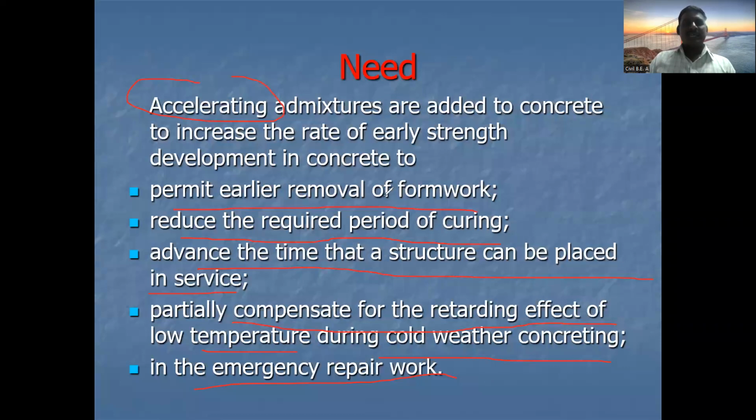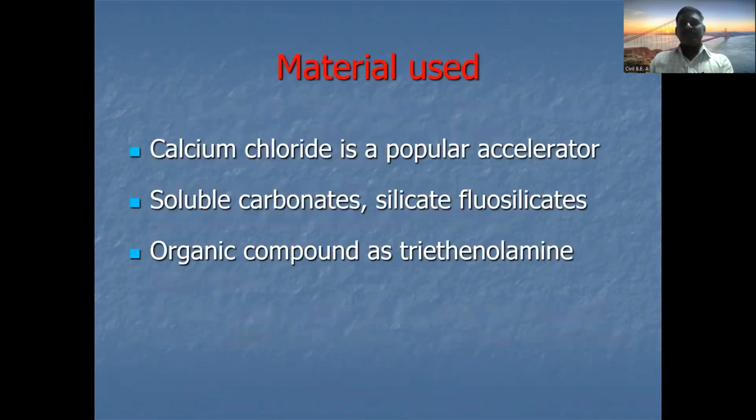So such are the needs of accelerating admixtures, and these needs are very specific if we use accelerating admixtures. The materials used in accelerating admixtures: calcium chloride is a popular accelerator.